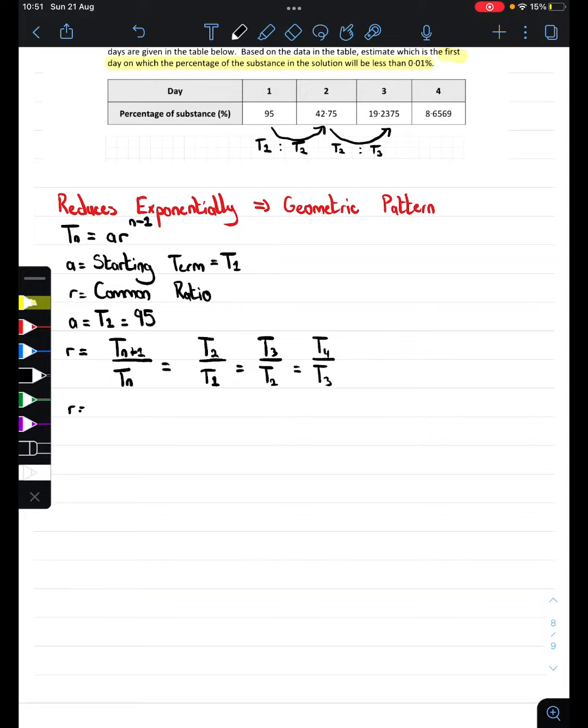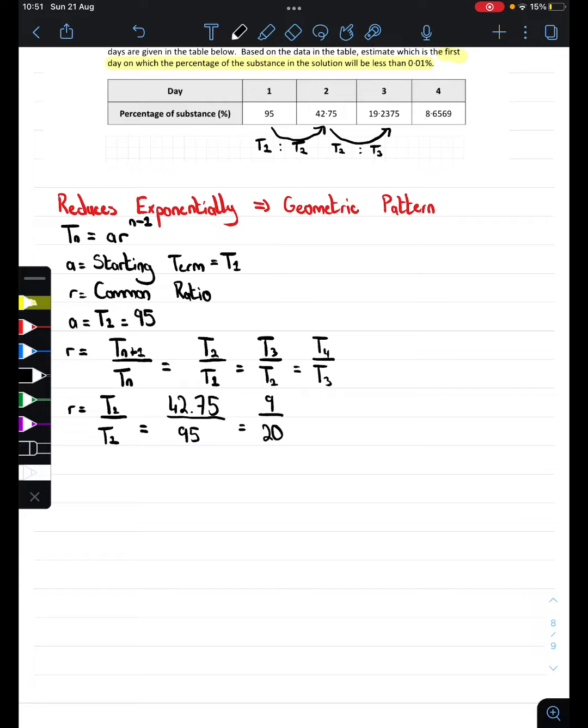So r equals the second term over the first, which is 42.75 over 95, which is 9 over 20.